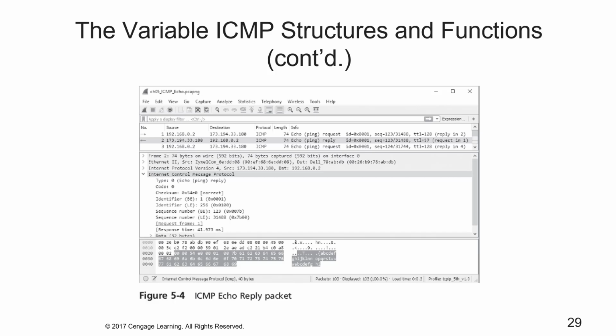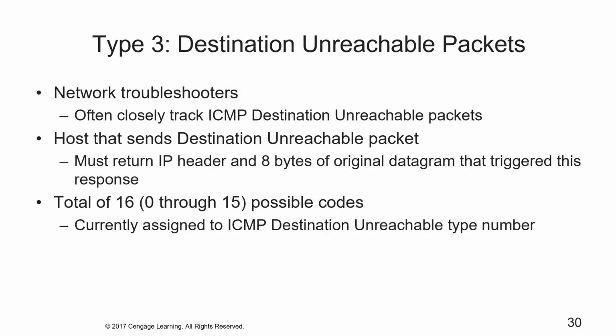So type 3 is destination unreachable. These packets are often used by network troubleshooters. They closely track ICMP destination unreachable packets. The host that sends destination unreachable has to return the IP header and 8 bytes of the original datagram that triggered the response.